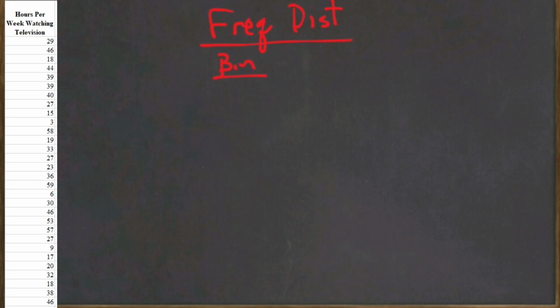Okay, and so this is where the big difference is, that we have some decisions to make as we go. But we're going to have the bins, which are going to function like the classes, and then we will have, just like we did, the number of customers or whatever our variable is, however many of them fall into those bins. Just like we counted up how many were in each class, we're going to count up how many are in each bin.